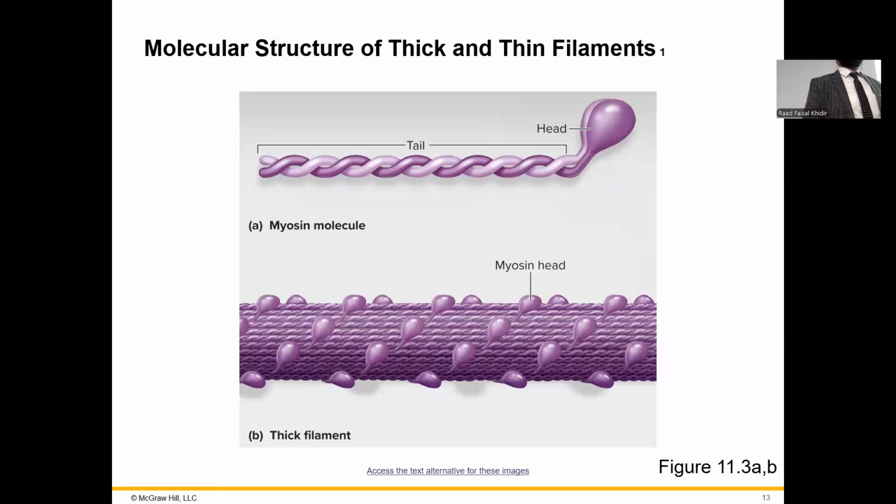Does that make sense? You have to recognize this is myosin. It has two golf heads and two tails intertwined like a braid. The more myosin you have, the darker and thicker the myofilament will be. So when you say there's a thick filament, you know it's because it has a lot of myosin.